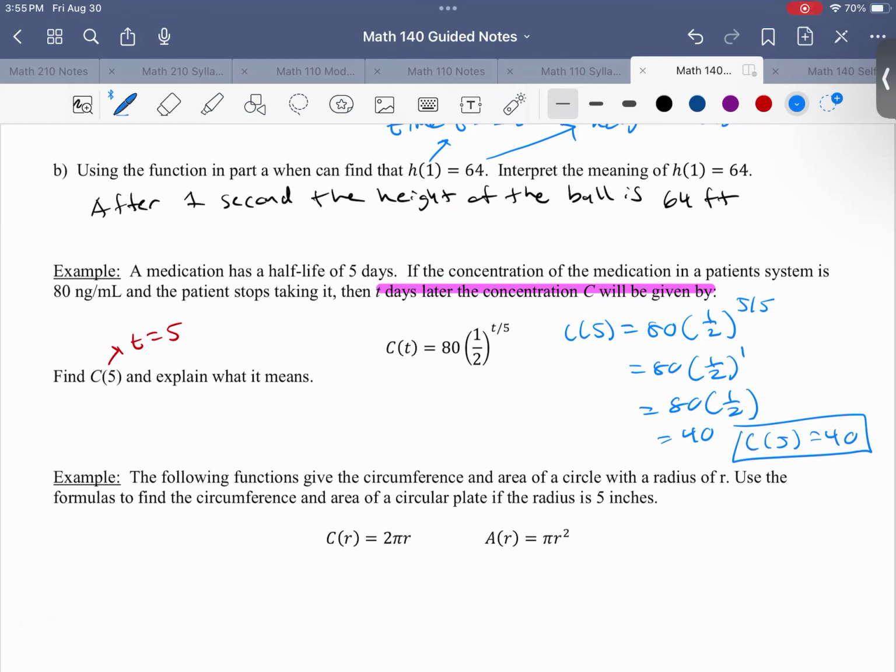We're going to be doing a lot of this, a lot of explaining what these values mean, since this is an applied calculus class.